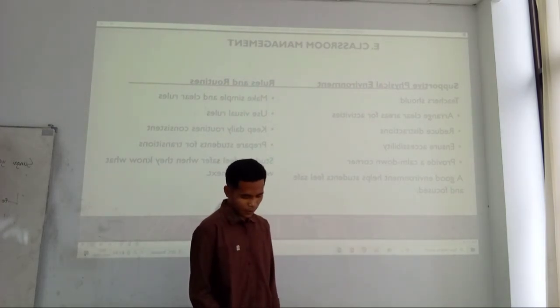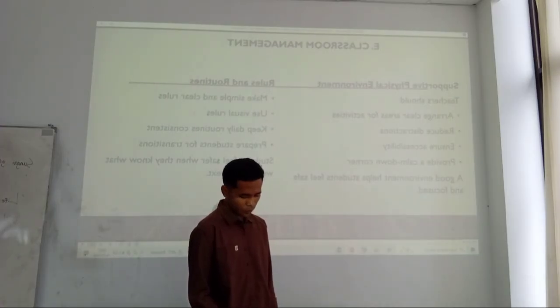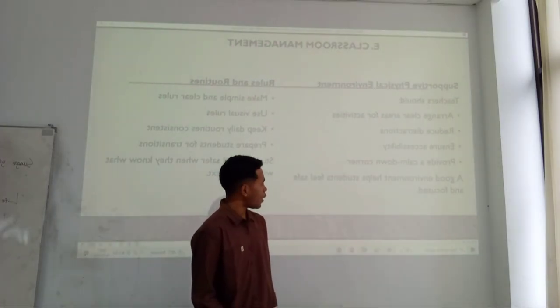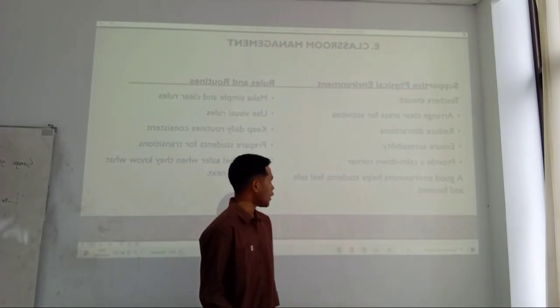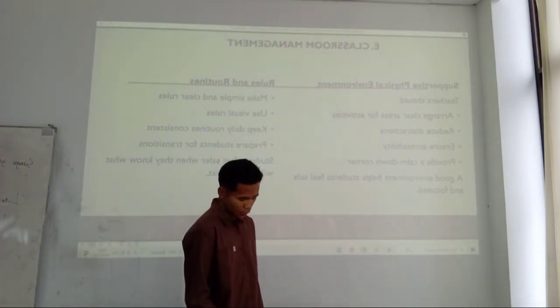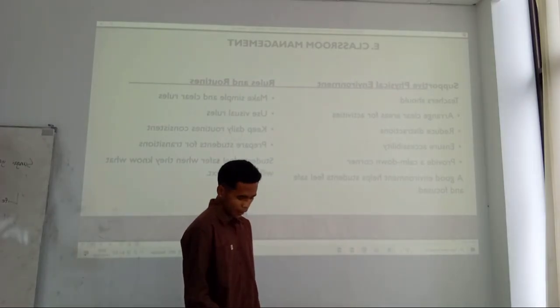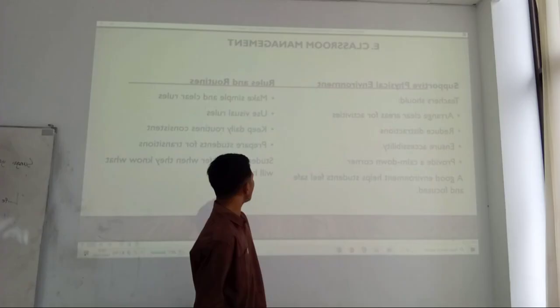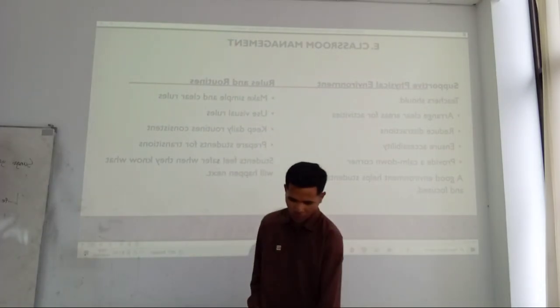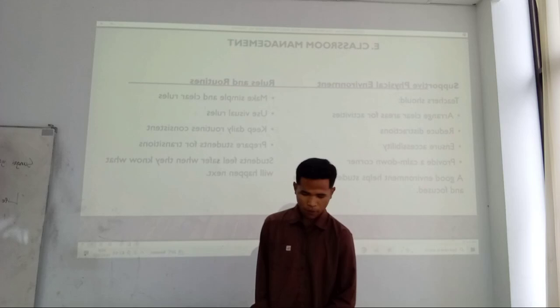Ensure accessibility. Make sure the classroom is easy for everyone to move around. Provide a calm down corner. Create a quiet space for students to relax when they are upset. A good environment helps students feel safe and focused.